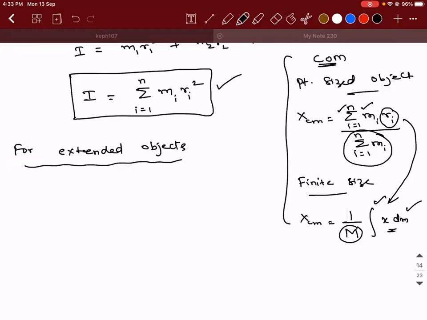In a similar way, what do you think we are supposed to do here? Can you try it out? Generally, sigma is for discrete objects. When it comes to continuous systems or extended objects in physics, we replace sigma with integral.